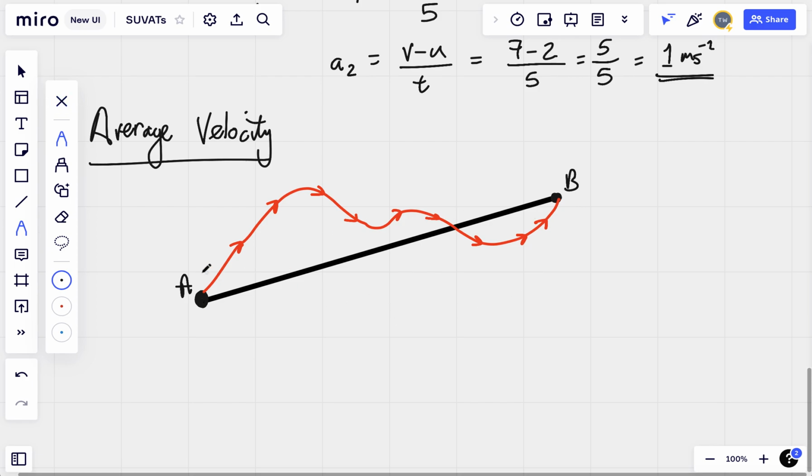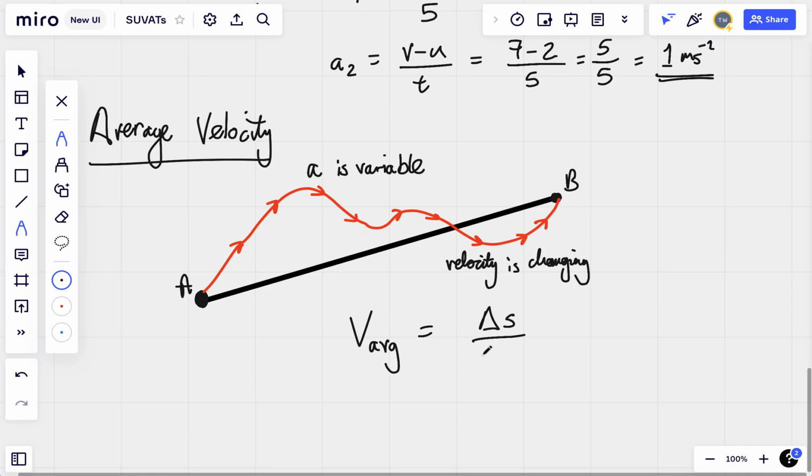So in this case, if we're not travelling along the same line and my acceleration is variable, which it must be if my velocity is changing, then all I can use for this is my change of distance, okay, so my displacement divided by how long it's going to take. So in this case, if the acceleration is variable and the velocity is changing, my v average is going to be my change in displacement divided by my total time. Can we see that makes a little bit of sense?